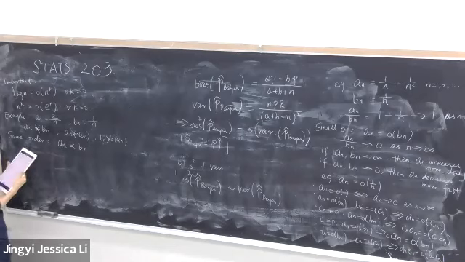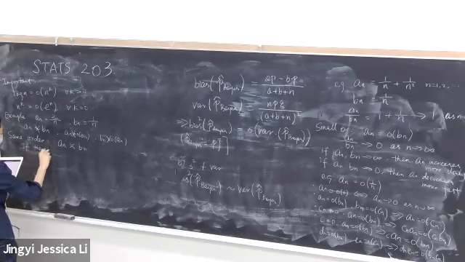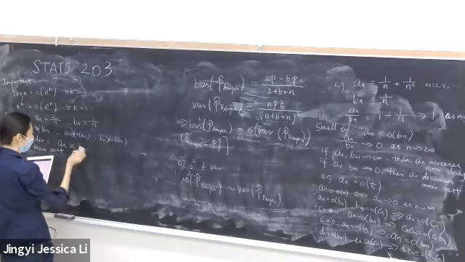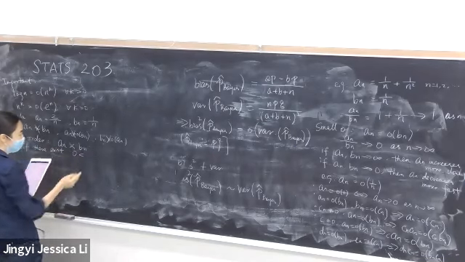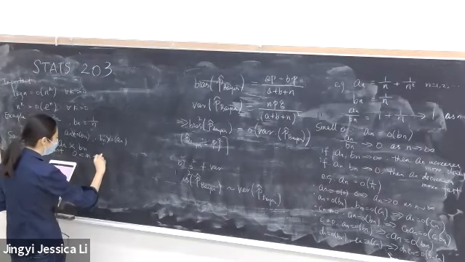So what it means is that there exists a lower bound and an upper bound, both positive, not 0 and not infinity.